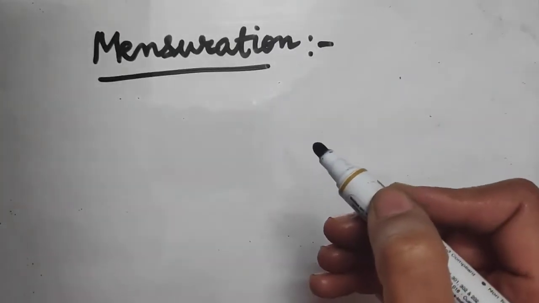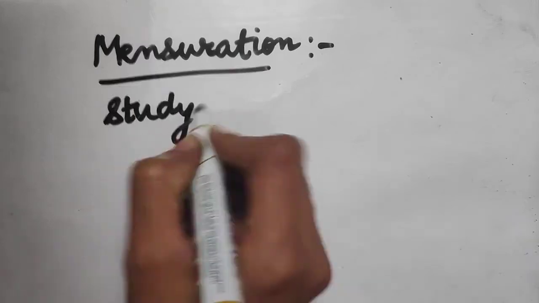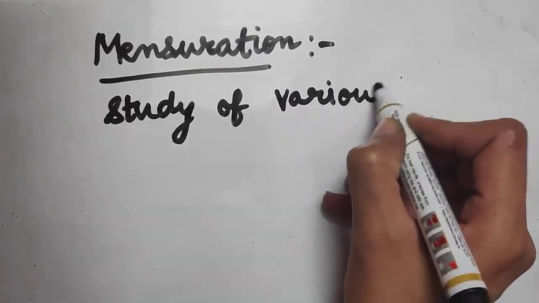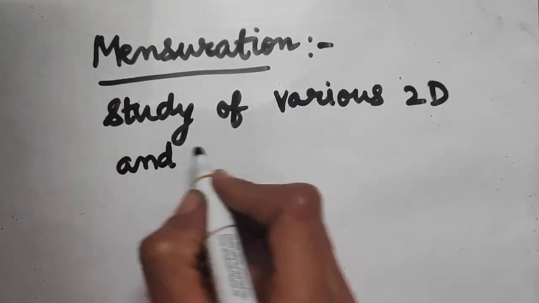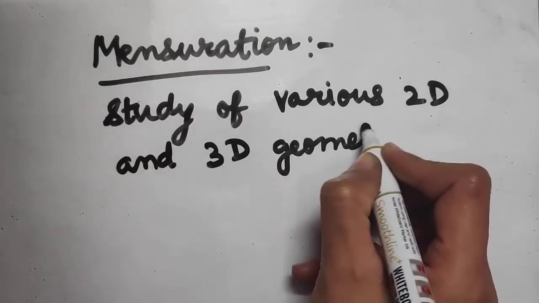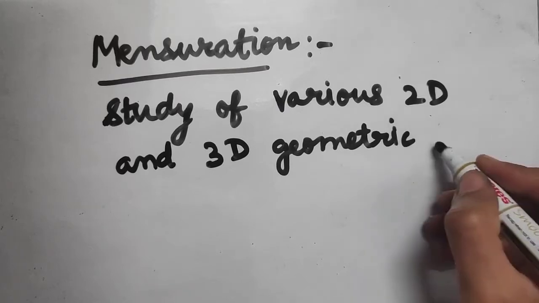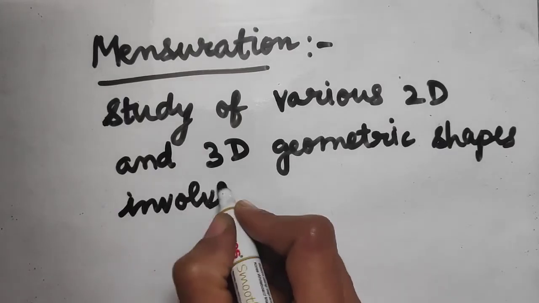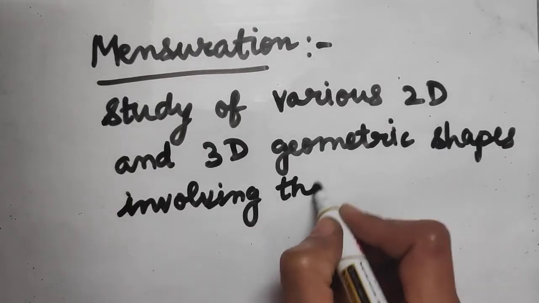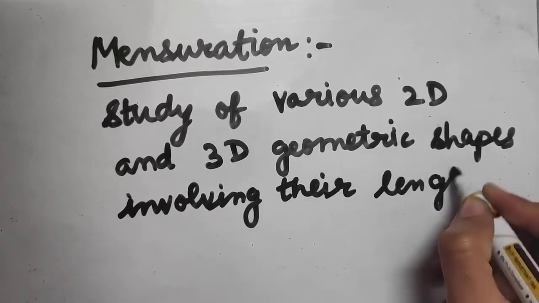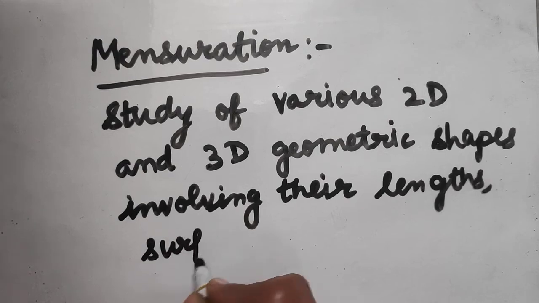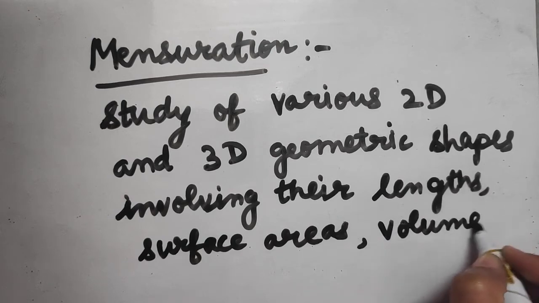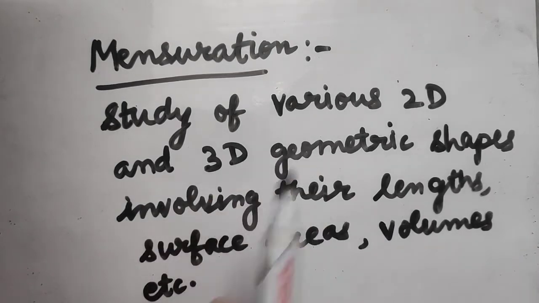Mensuration is defined as the study of various 2D and 3D geometric shapes involving their lengths, surface areas, volumes, etc. So this is the basic definition of mensuration.